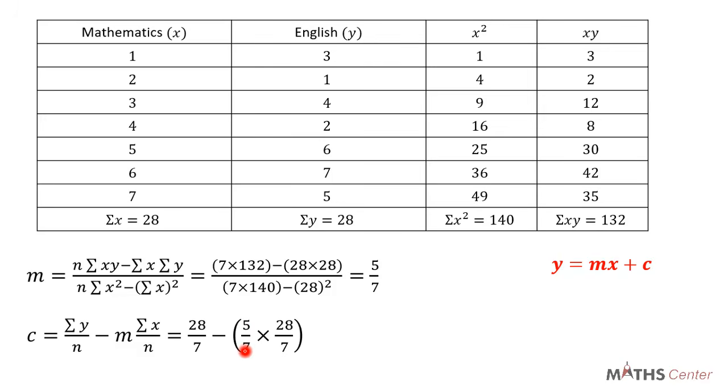So we have 5 divided by 7 times sigma x, which is 28, as you can see from the table, divided by n, which is 7. And this gives us 8 divided by 7. So for the equation of the straight line, m, which is the gradient, is 5 divided by 7, and c, which is the y-intercept, is 8 divided by 7.